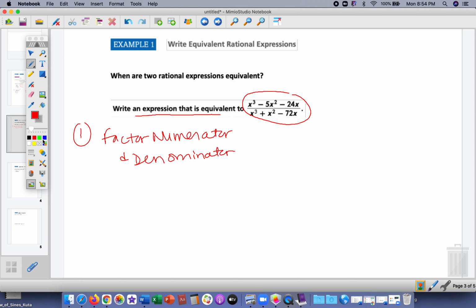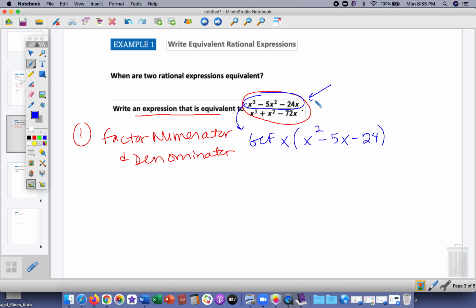So up top, we can take out a GCF, right, in the numerator. We see an x that all three terms in the numerator have in common. So we'll take out an x, and we'd be left with x squared minus 5x minus 24.